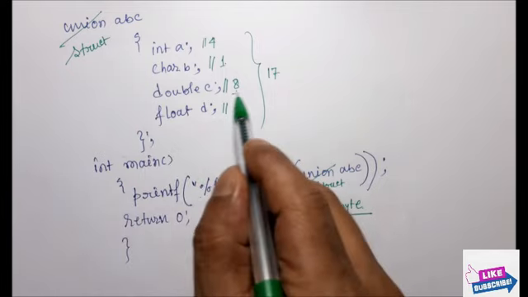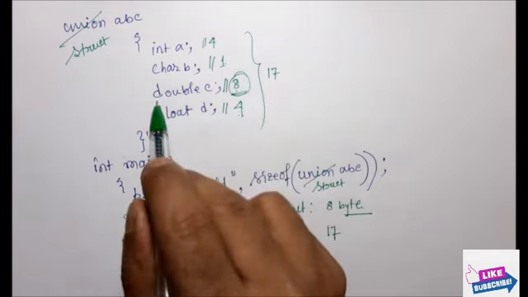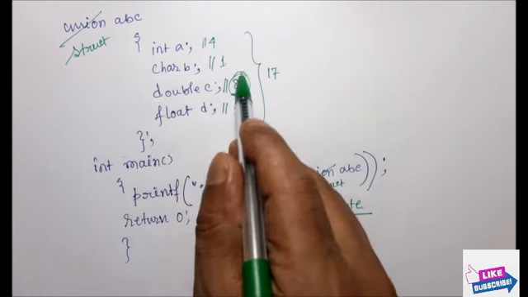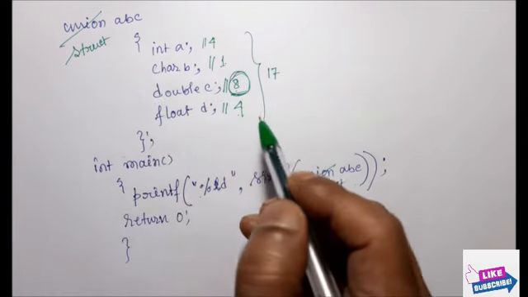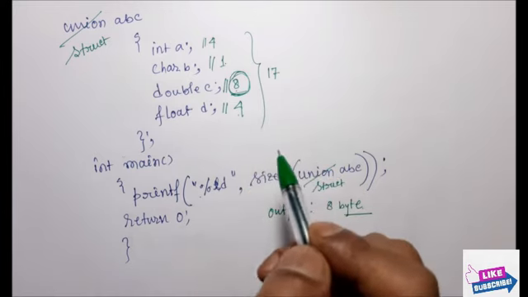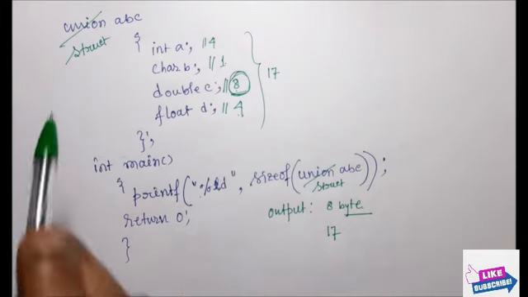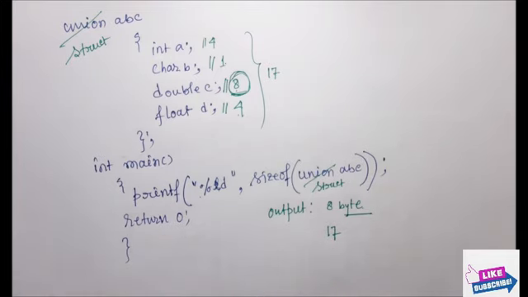The largest member is double C, consisting of 8 bytes, which means it occupies 8 bytes of memory in our computer. So, if I want to calculate the size of a union, the largest member's size is the union size.